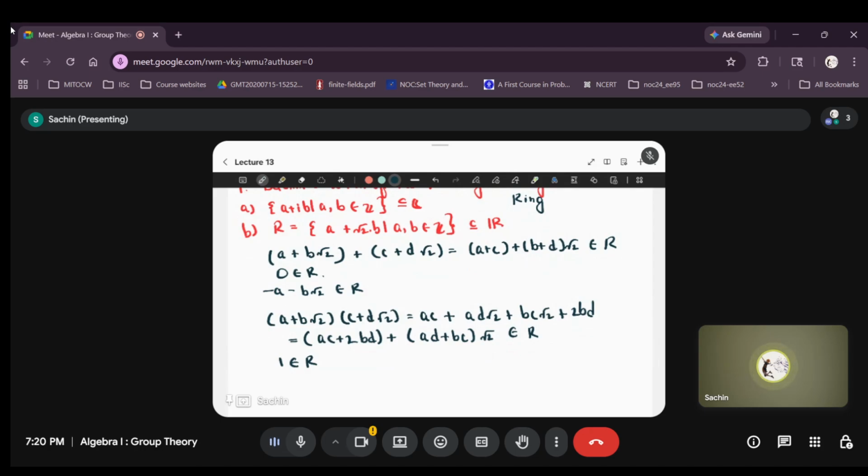So you can replace i by square root 2 and it will still be a ring. You can replace square root 2 by other irrational numbers also, and the same proof will hold.